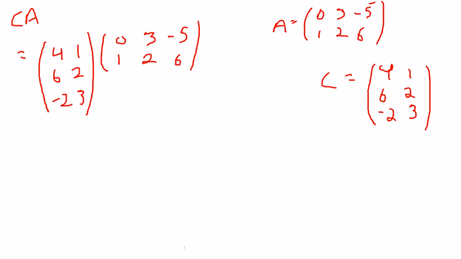So number 15 was to multiply C by A instead of A by C. We talked about in class how when I multiply matrices, it's not necessarily the same when I switch the order. It's actually usually not the same.